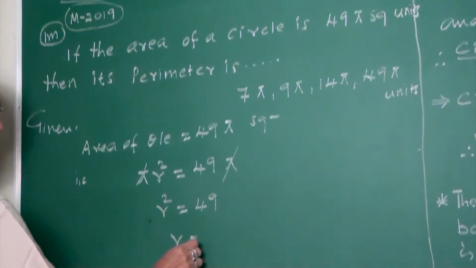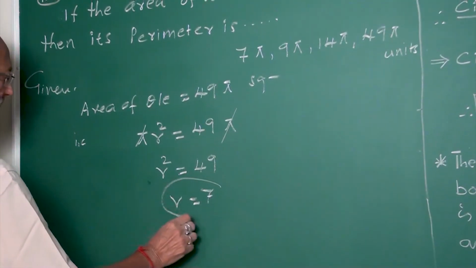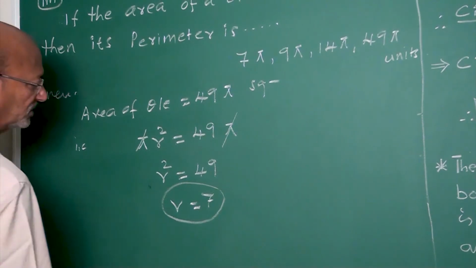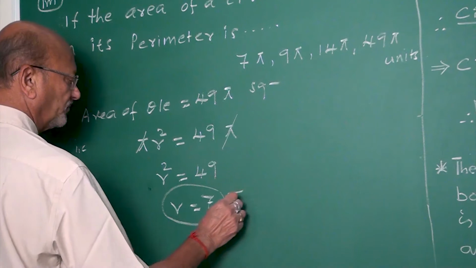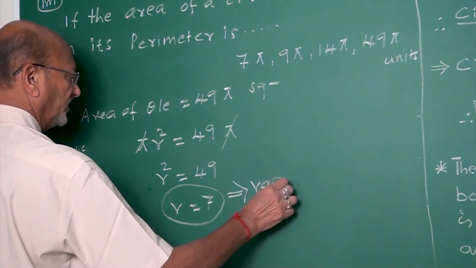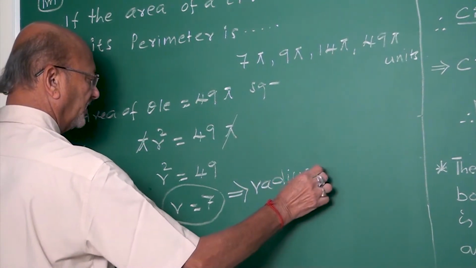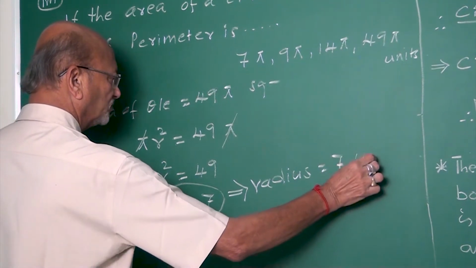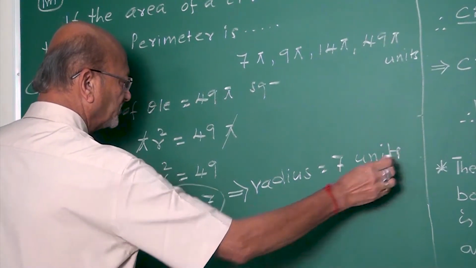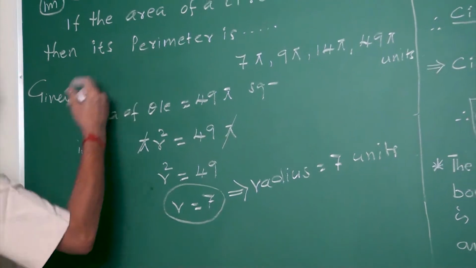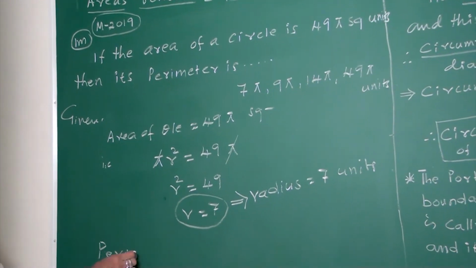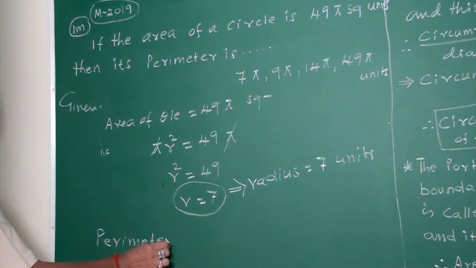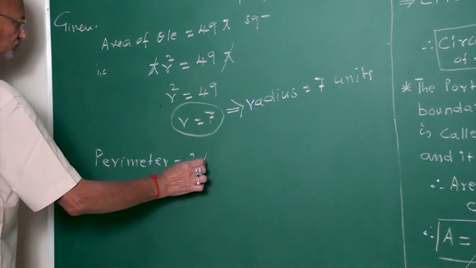Then what is the value of r? It is 7. Plus or minus 7, but radius is always positive. Radius of the circle is 7 units. But you wanted the perimeter. Perimeter means circumference.